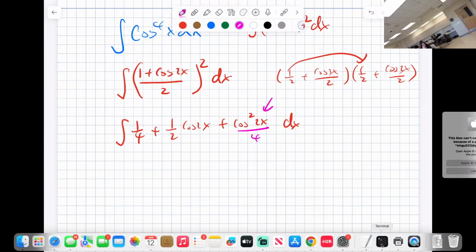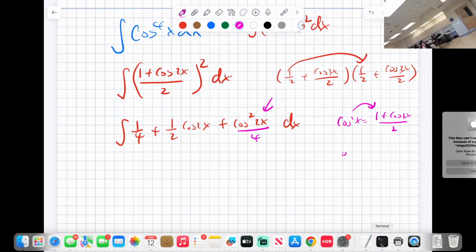Cosine squared of x equals 1 plus cosine of 2x over 2. This is a power reducing formula. We reduce from the second power to the first power.